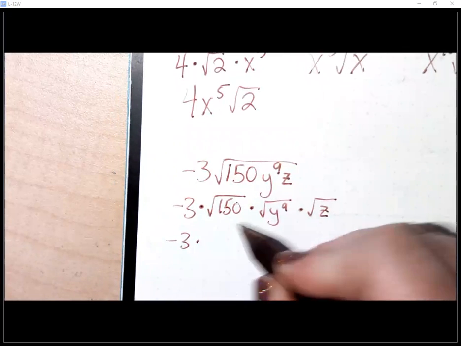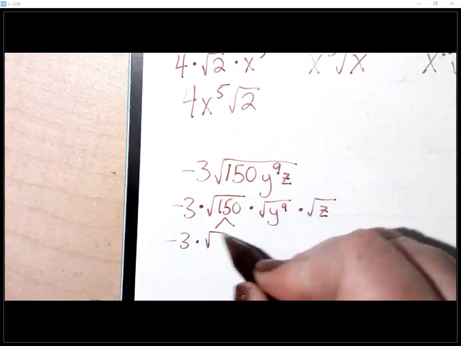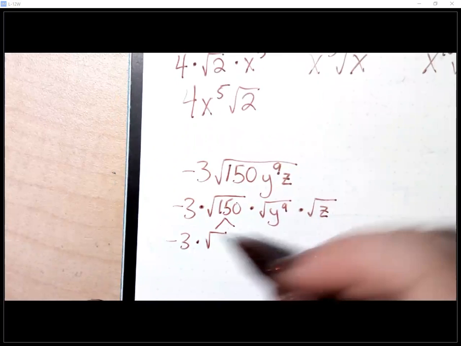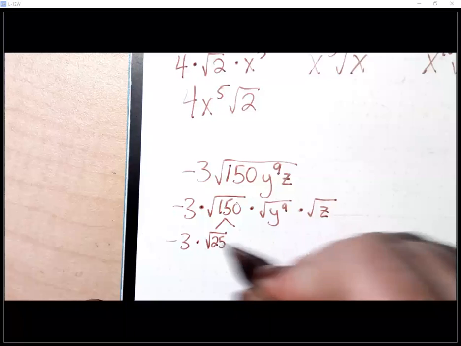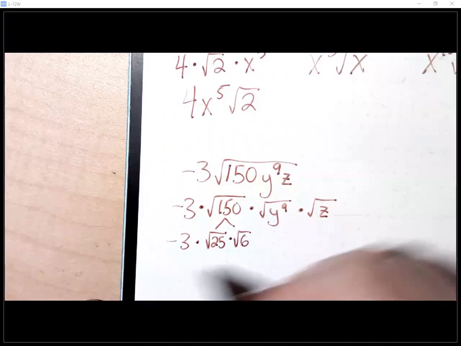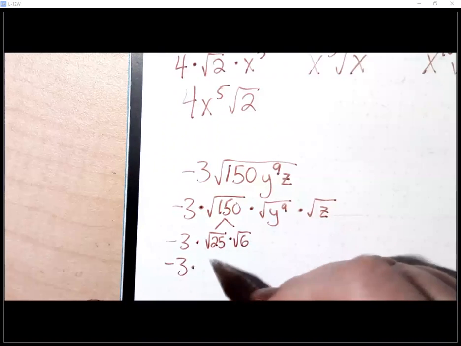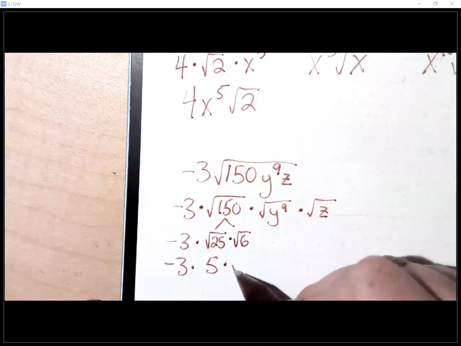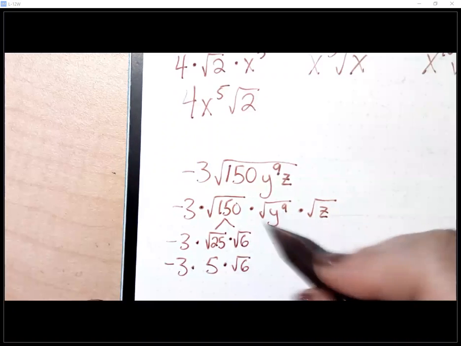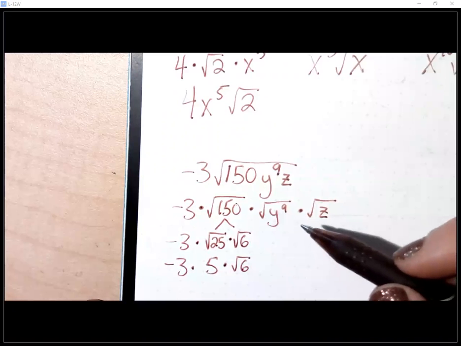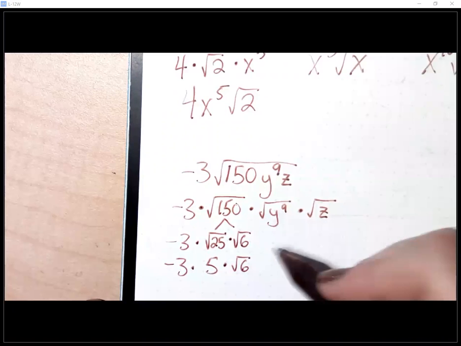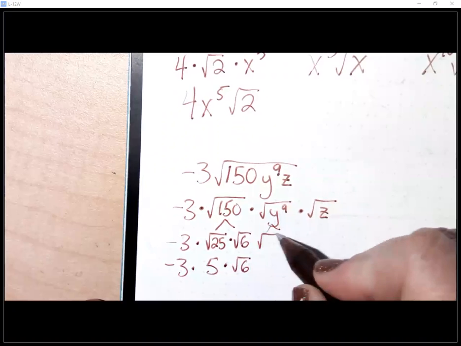150 breaks up. The biggest perfect square that goes into 150 is 25. So that's now 5, and that's a root 6. Now the square root of y to the 9th. You have to split that into y to the 8th; you always go down by 1.